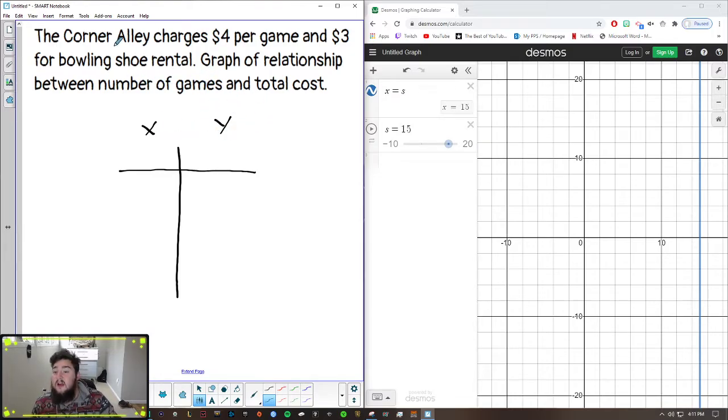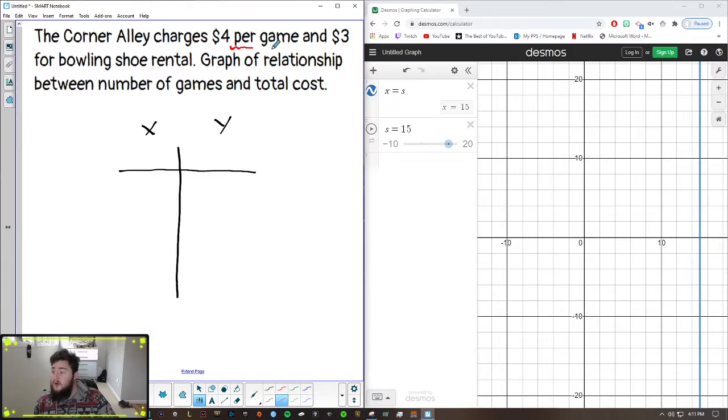So if I read this, the corner alley charges $4 per game and $3 for bowling shoe rentals. So my X values are going to be whatever's going to be changing. A good giveaway is this word per. Per game.